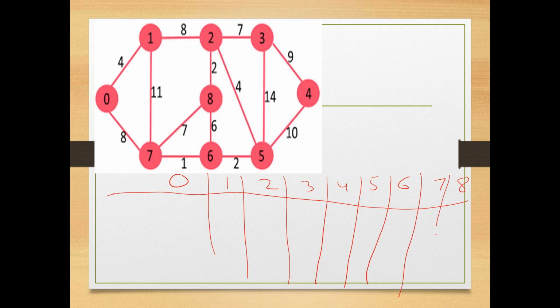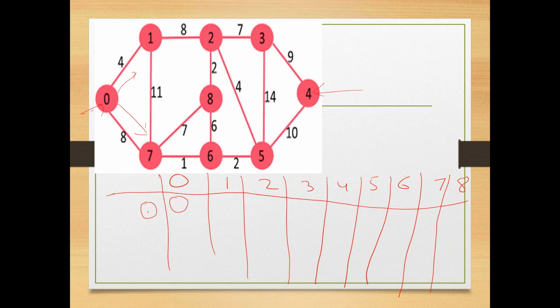I will be starting from node 0, and I have to search the shortest path for each of the nodes. So I'll start from 0. From 0, I can move to node 1 and node 7 using distances 4 and 8.